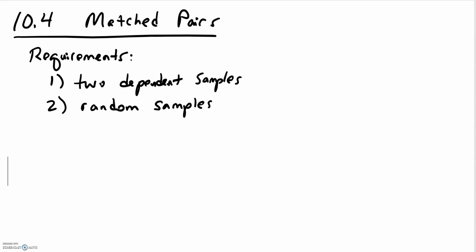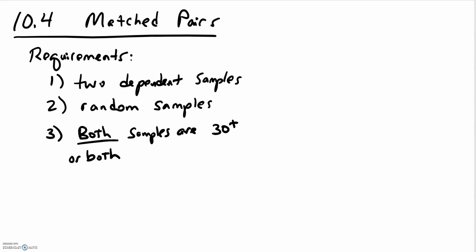And third, both samples need to be of size 30 or more, or they need to be both from a normal distribution.